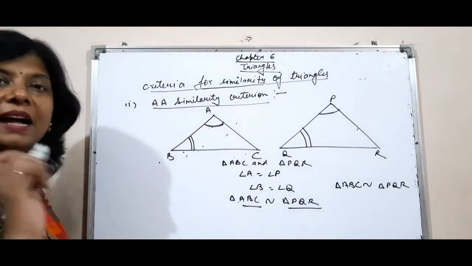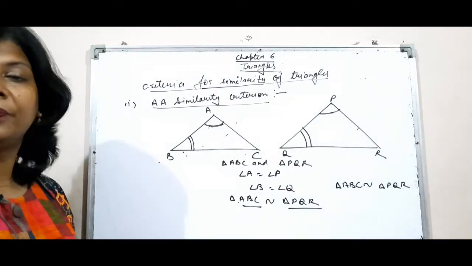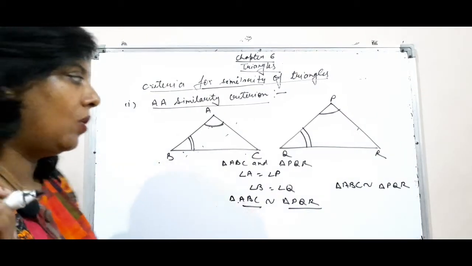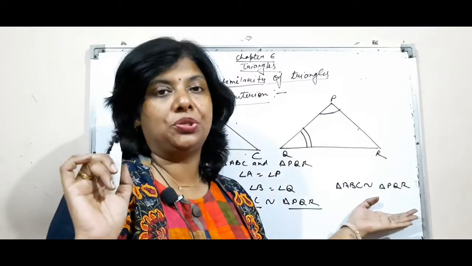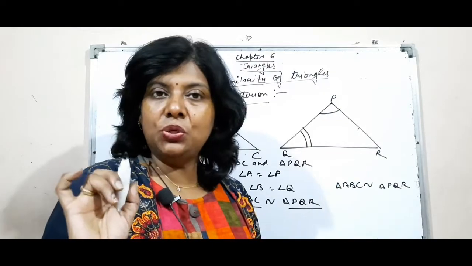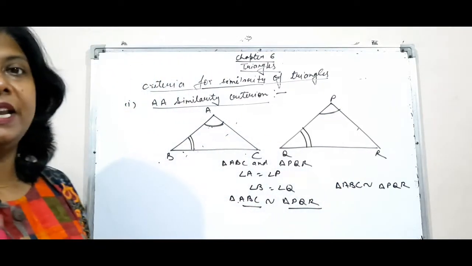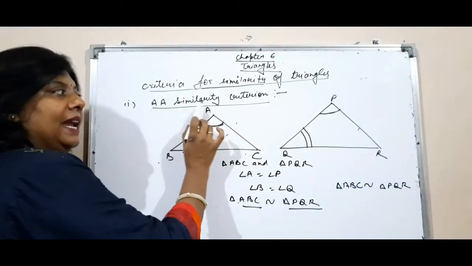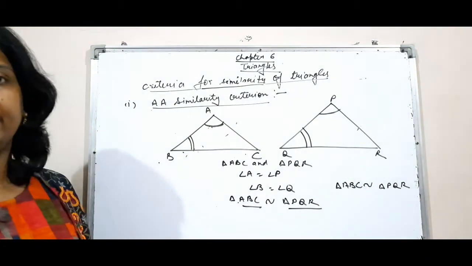So you will write names also like this. There is a correspondence between their names also. Clear, students? So the first criteria for the similarity is AA similarity criteria.